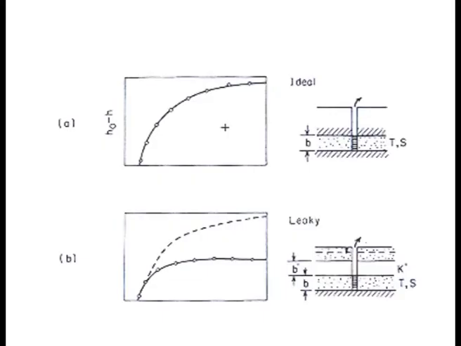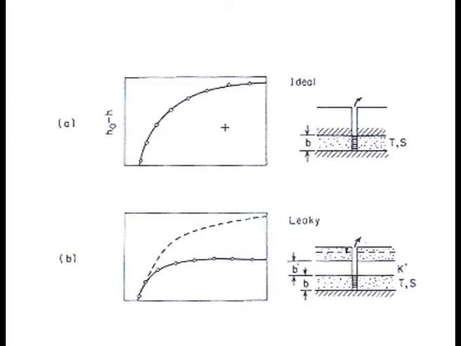But you will plot the drawdown data versus time since pumping started. Clearly, by these data you can determine whether the aquifer is confined or unconfined. See the first figure, in which there is a clear curve. That diagram A represents the ideal aquifer, that is a confined aquifer.